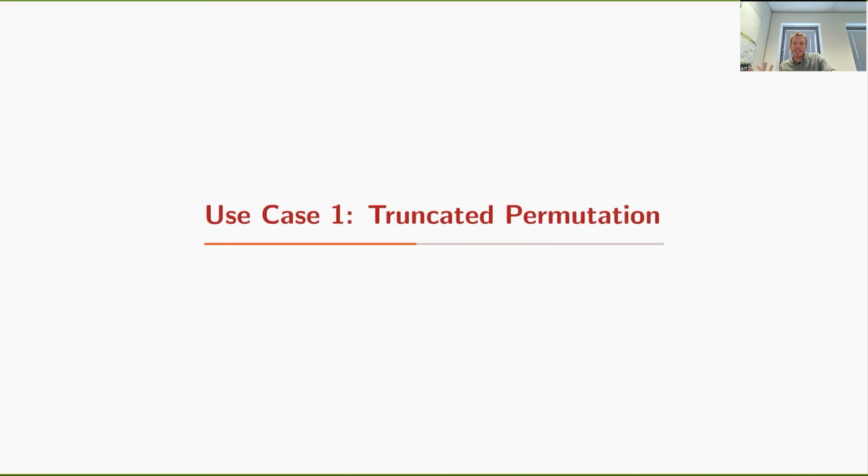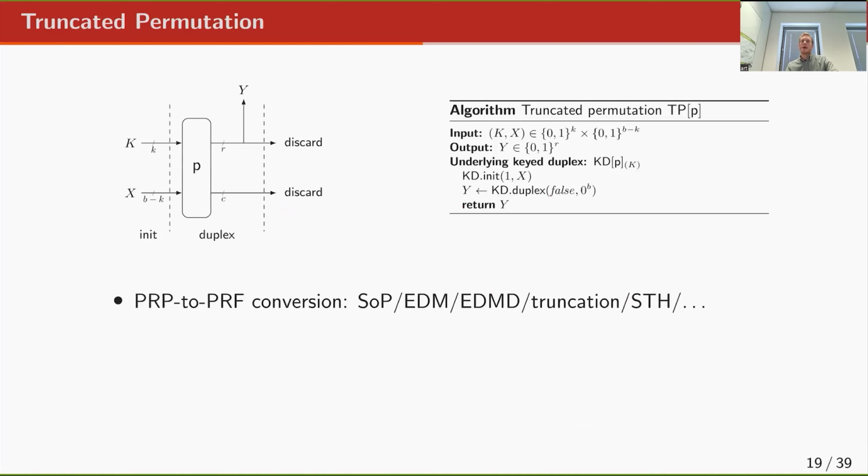And the first one is truncated permutation. That's the simplest use case of the duplex. What's the story behind truncated permutation? If you know a bit about this PRP-PRF conversion story, there have been tons of research publications on the security of turning a PRP, like a block cipher, into a PRF. Think of the sum of permutations, EDM, EDMD, summation truncation hybrid, truncation.